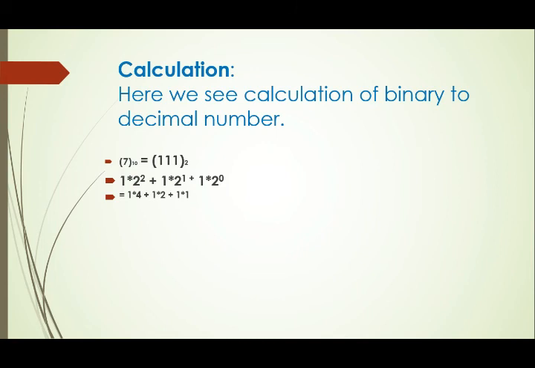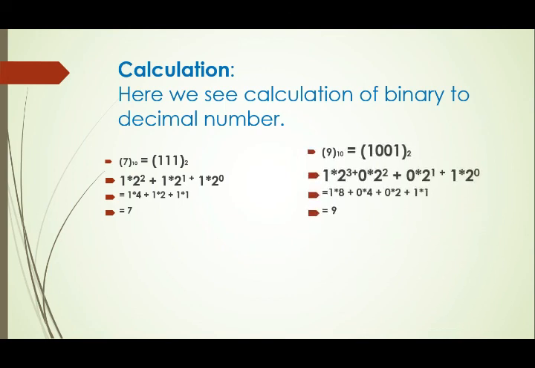Now see, 111: 1 multiplied by 2 raised to 0 plus 1 multiplied by 2 raised to 1 plus 1 multiplied by 2 raised to 2. LSD to MSD, we put the place values, right? Then we calculate 1 multiplied by 4 plus 1 multiplied by 2 plus 1 multiplied by 1, which is equal to 7.